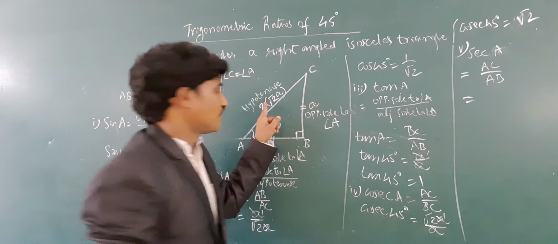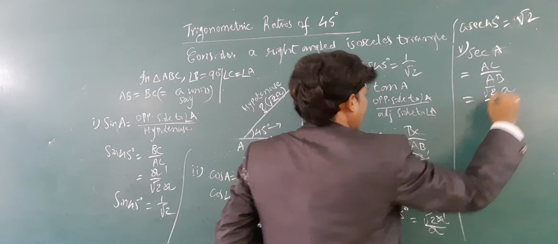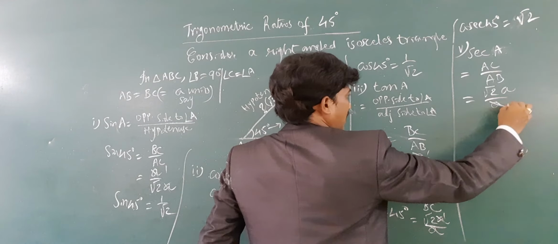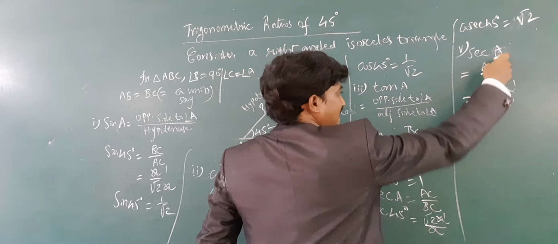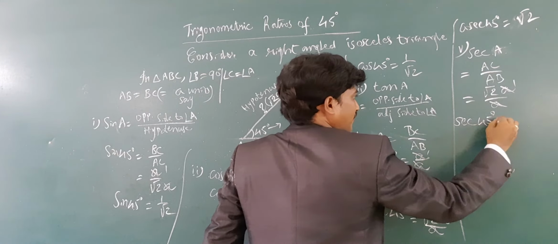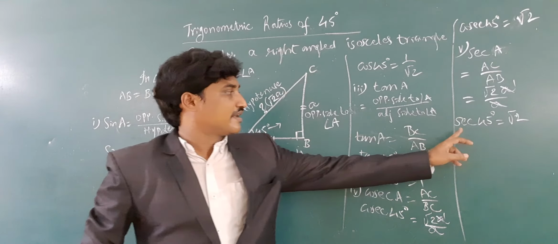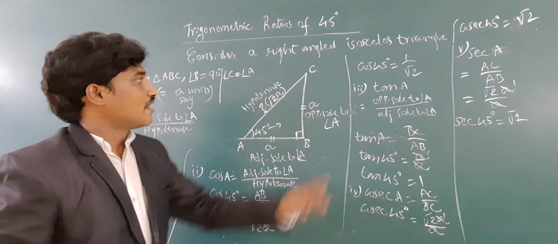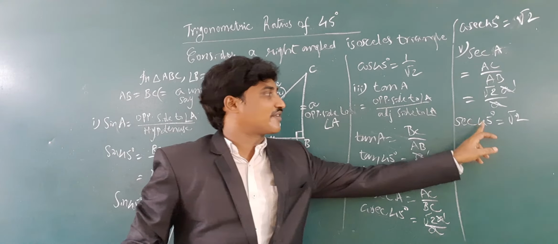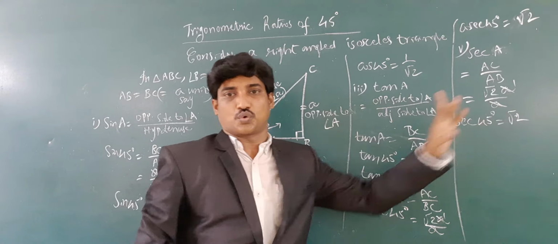AC length is root 2 A units, and AB length is A units. A gets cancelled once, so secant 45 degrees is root 2. In fact, secant theta is the reciprocal of cos theta. Cos 45 degrees is 1 by root 2, so its reciprocal, secant 45 degrees, is root 2.